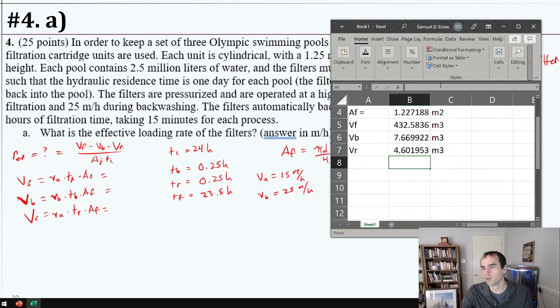Okay, so that gives us volumes of 432 and a half, 7.67, and 4.6 cubic meters for the volume filtered, volume backwashed, and volume rinsed.